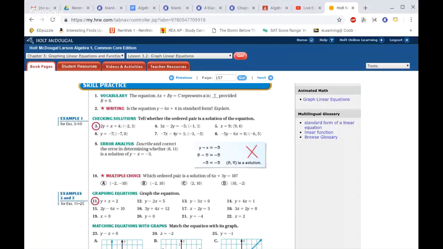Yes. He put the 8 as the y and the x as that. So it is not a solution. So you guys explained it very well. So 8, 11 is not a solution, because if you plugged it in correctly, you should be plugging it in as 11 minus 8.